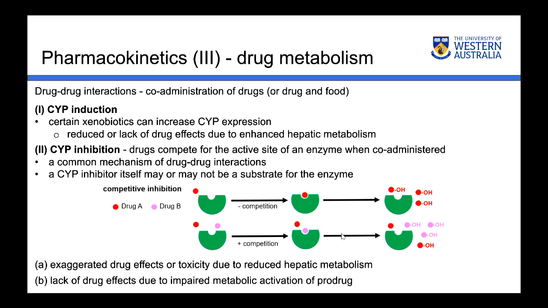The metabolism of one drug or both drugs can be reduced, and this may end up having a higher than expected concentration of both drugs, and that can potentially lead to undesirable effects depending on how much the concentration has risen. So there are 2 possible outcomes. Either you observe exaggerated drug effects because of reduced drug metabolism, or in the event of a prodrug, you won't see any effect at all because the drug is unable to be converted to an active metabolite.